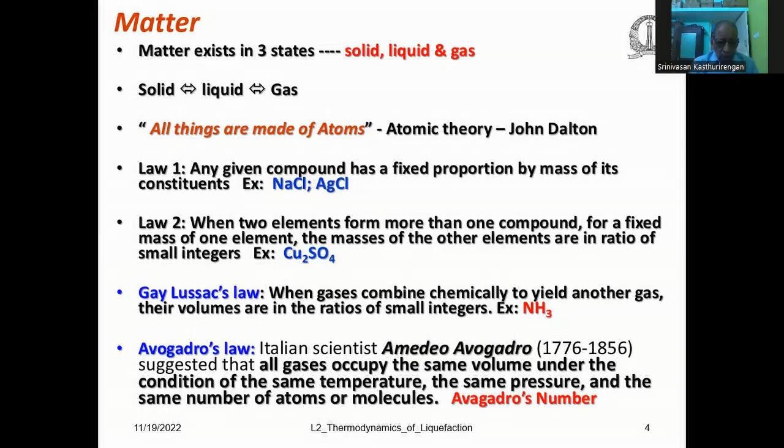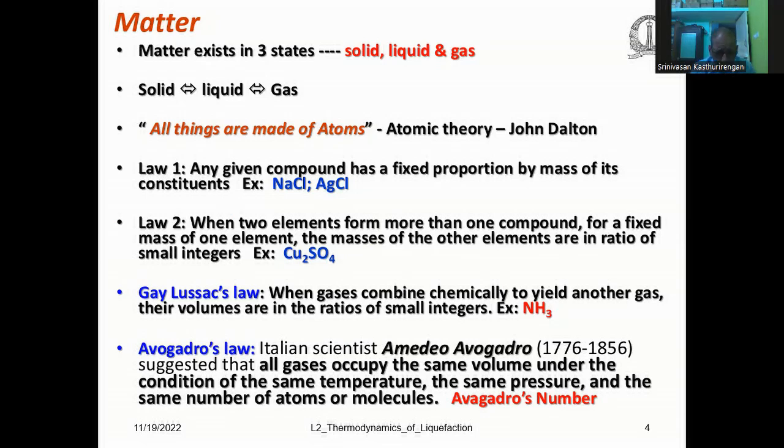Another law which we come across is when two elements combine to form more than one compound, then for a fixed mass of one element, the other masses are in the ratio of small integers. For example, if you take copper sulfate, copper 2 units, sulfur 1 unit, and oxygen 4 units form the copper sulfate compound.